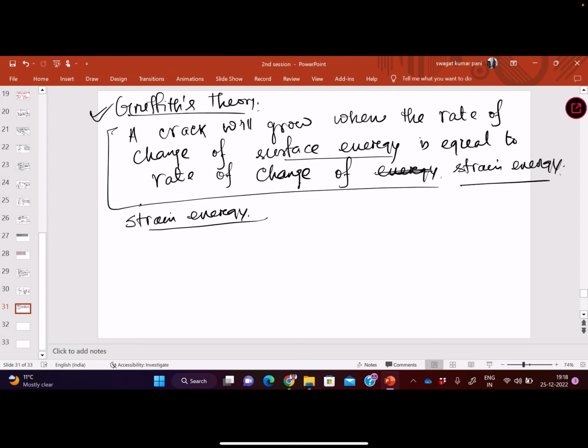So what is strain energy? You can derive it using dimensional analysis or other methods, but you don't need that. I am just writing it directly. This is the strain energy, and B is thickness, A is crack length, this is applied stress, and this is Young's modulus.